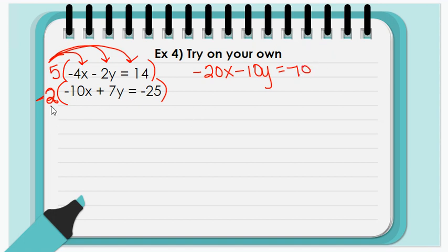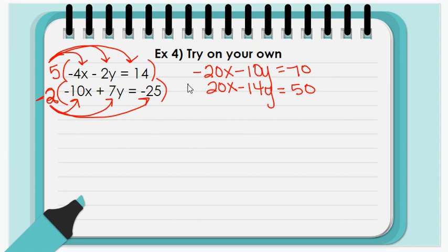All right, now let's do our bottom equation. -2 times -10x is a positive 20x. Perfect. Those are going to eliminate. -2 times positive 7y is a -14y. Bring over my equal sign. And then -2 times a -25 is a positive 50.